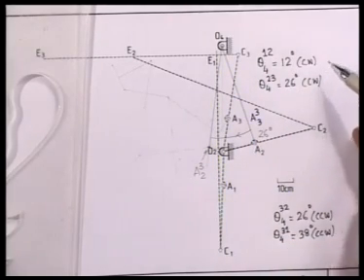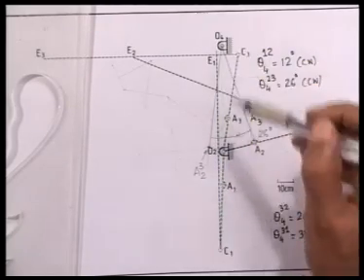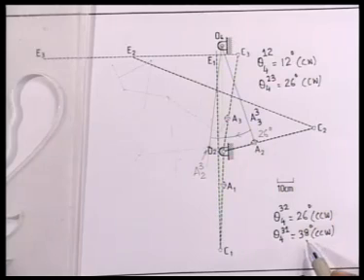So to get to the point A13, I have to rotate O4A1 through minus theta 4 3 1, which is again 38 degree clockwise.